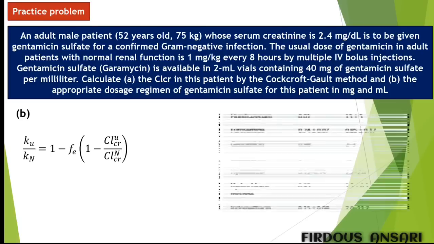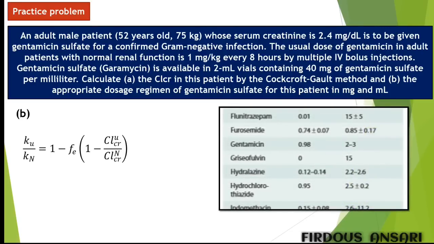The drug is gentamicin, so the Fe value will be 0.98. The creatinine clearance in the uremic patient, from part A by the Cockcroft and Gault equation, is 38.19, divided by 100, the creatinine clearance in a normal individual.